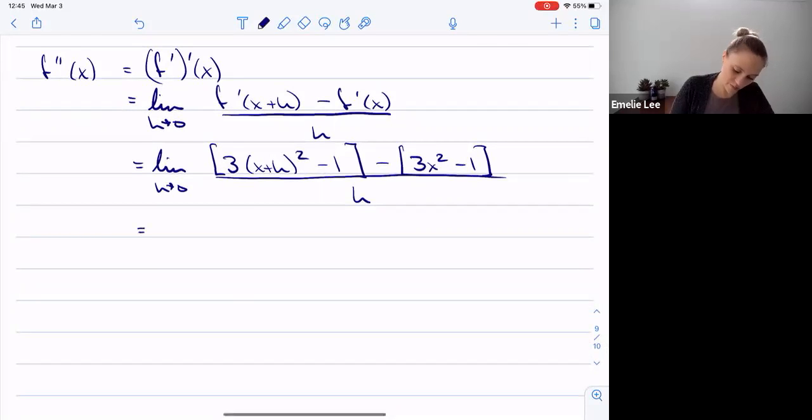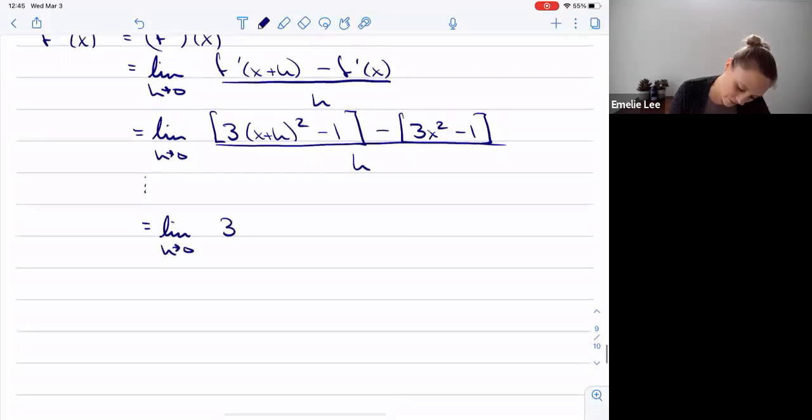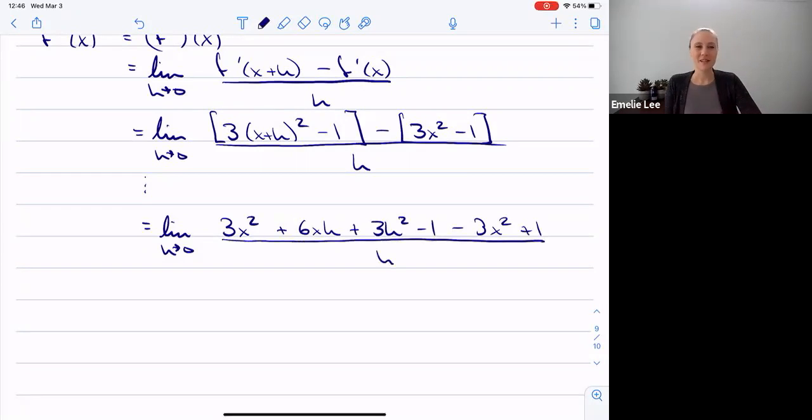To speed ahead because I'm running low on time, skipping some work, Martha Stewart style, this becomes the limit as h goes to 0 of 3x squared plus 6xh plus 3h squared minus 1 minus 3x squared plus 1 over h. Skipping some expansion steps there, but I think you get the idea.